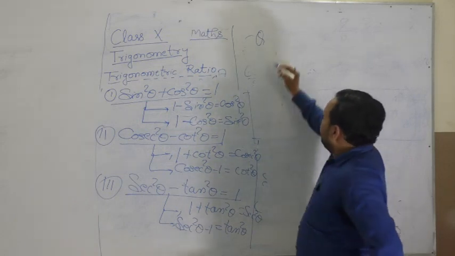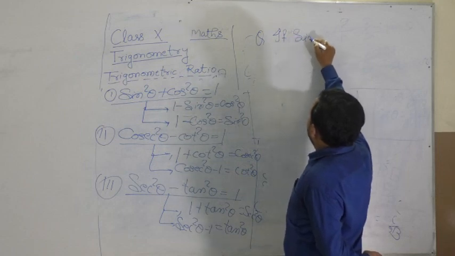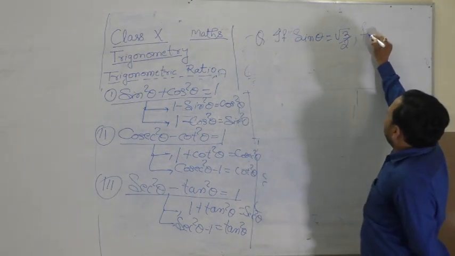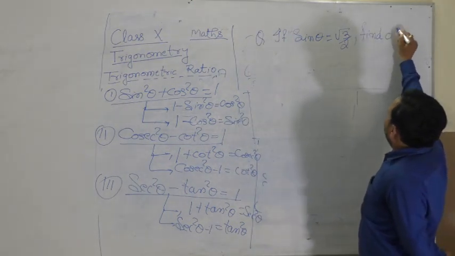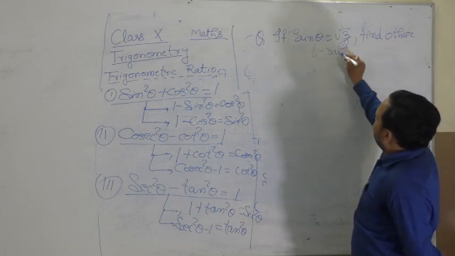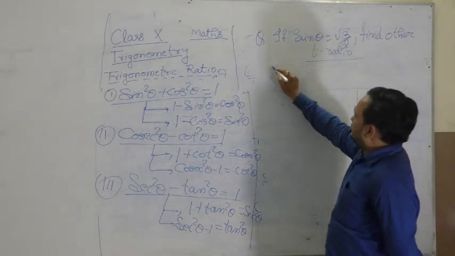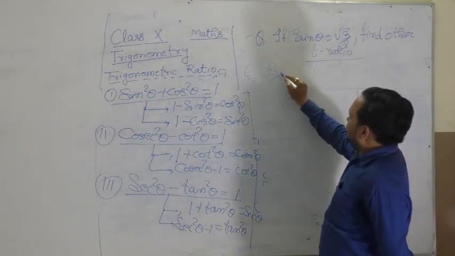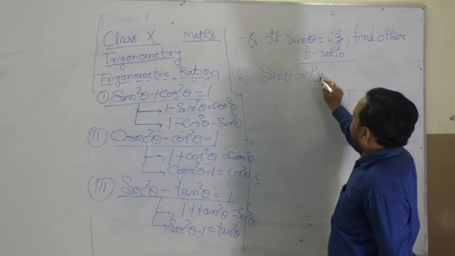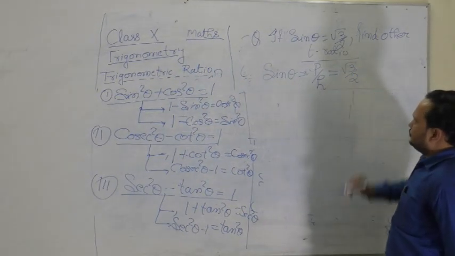Let's see. Consider if sin theta equals root 3 by 2, find the other T ratios. You know sin theta equals P by H. It means it is root 3 by 2.